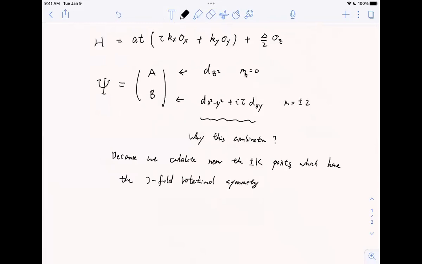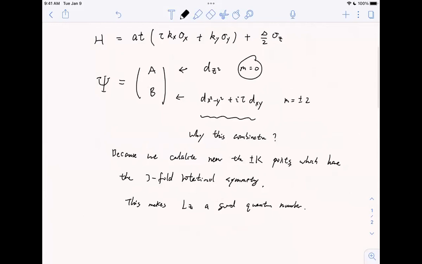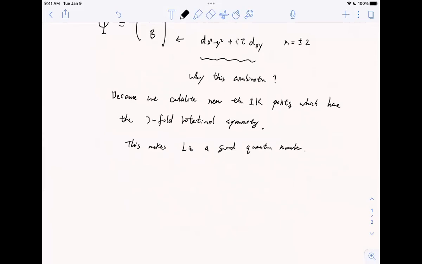So this threefold rotational symmetry makes Lz a good quantum number. Okay, so that's why we use m equal to 0, m plus minus 2. So that's the reason why we can set this basis. Okay, so this is what we did last time.